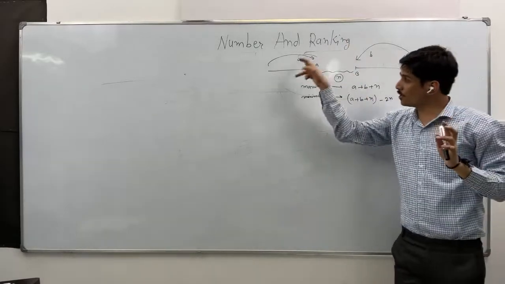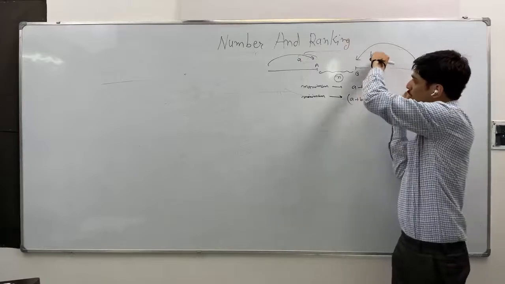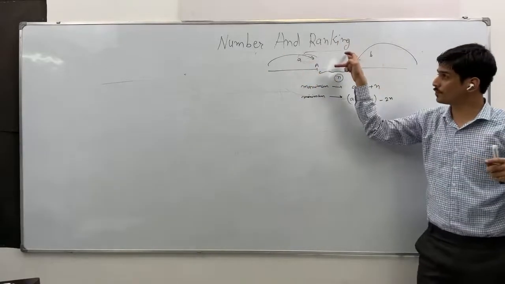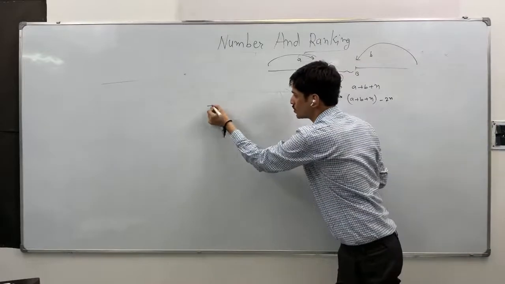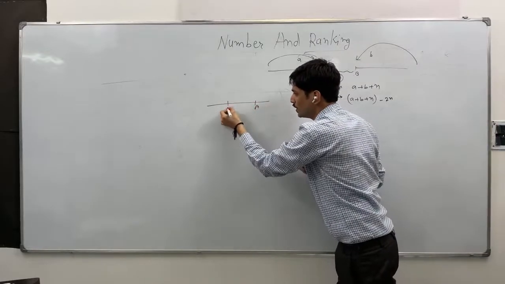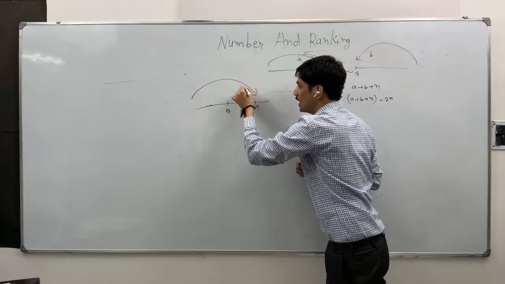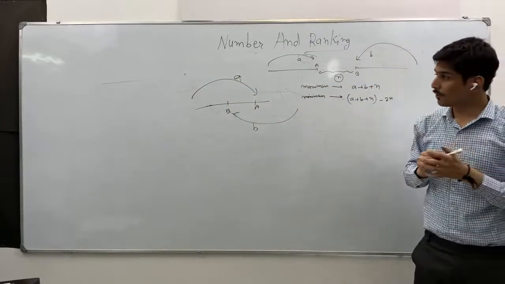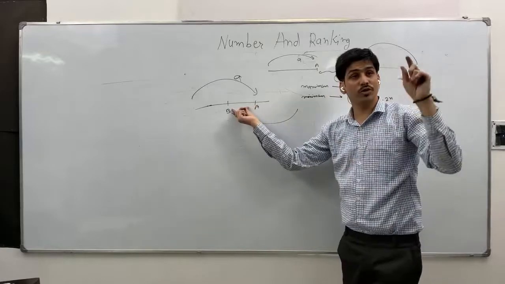And again, if B comes this side, then B will get counted twice. Let me draw this one here. Let's say A is here, B is here. Now the rank of A is here, the rank of B is here. If I am adding the rank of A, then these n students are getting counted.